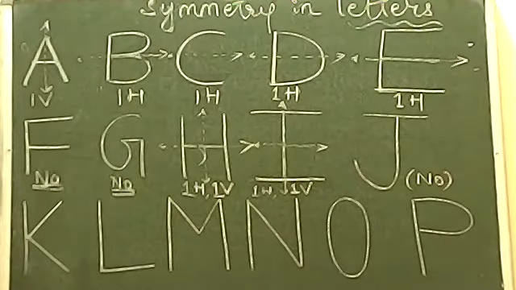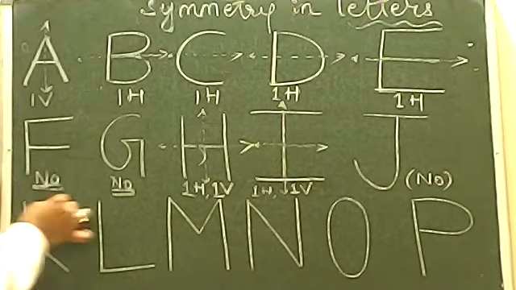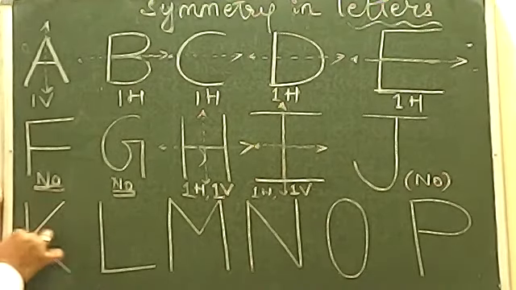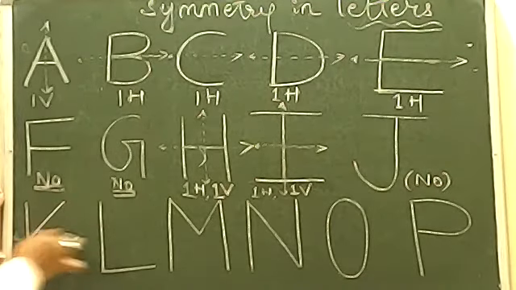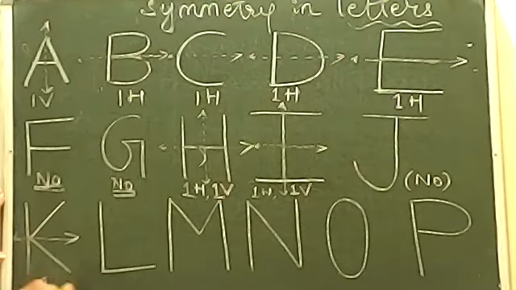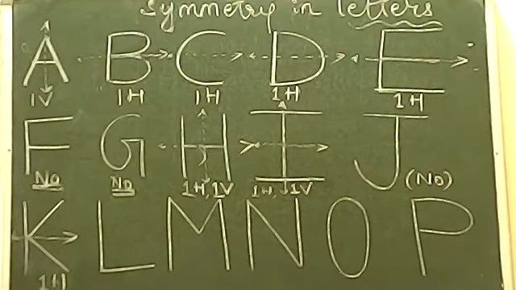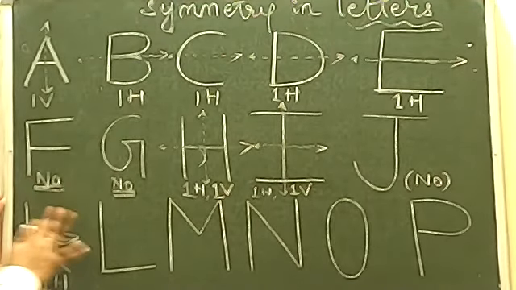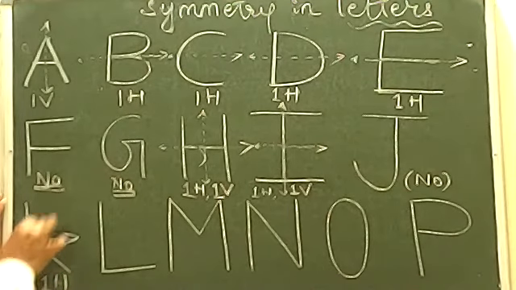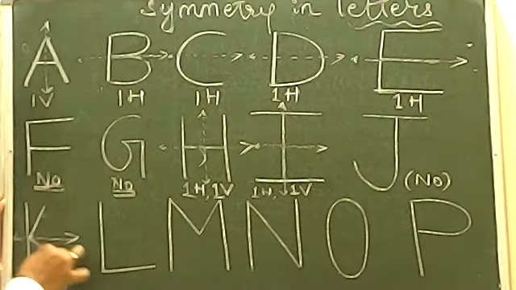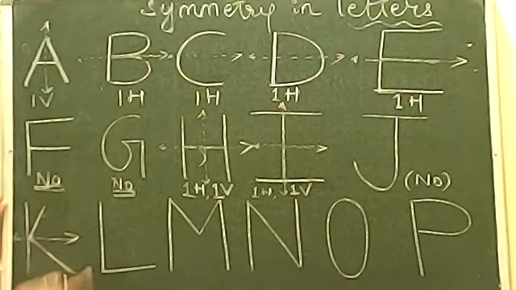Now look, son, in some places you will find in K that both the lines are the same. Okay? If both the lines are the same, then K will have a line of symmetry, that will be one horizontal. But remember, in some places you will find that K has this line shorter and the longer line downside.